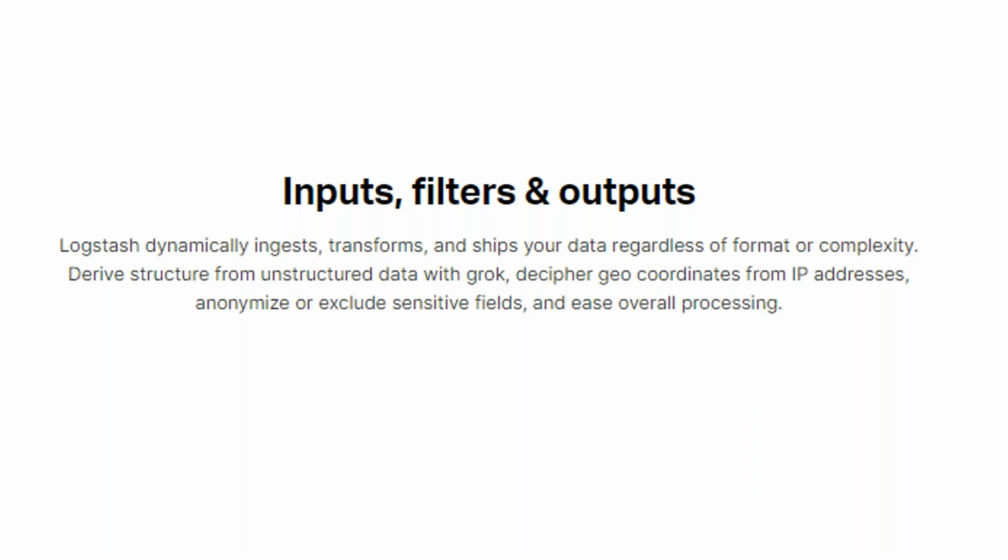Grok is not available only in Logstash; in any parser you can use Grok. It is one of them, but we have many. Then there is anonymizing and excluding sensitive fields. Sometimes many organizations have policies that you should not expose certain kinds of information to the log storage unit.